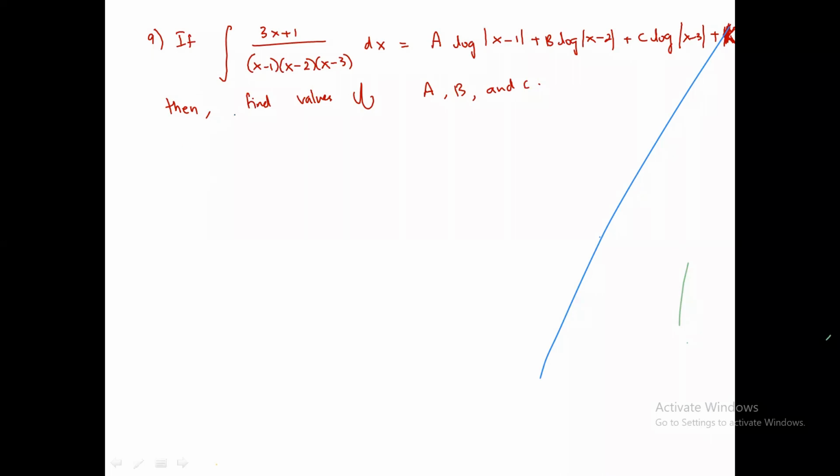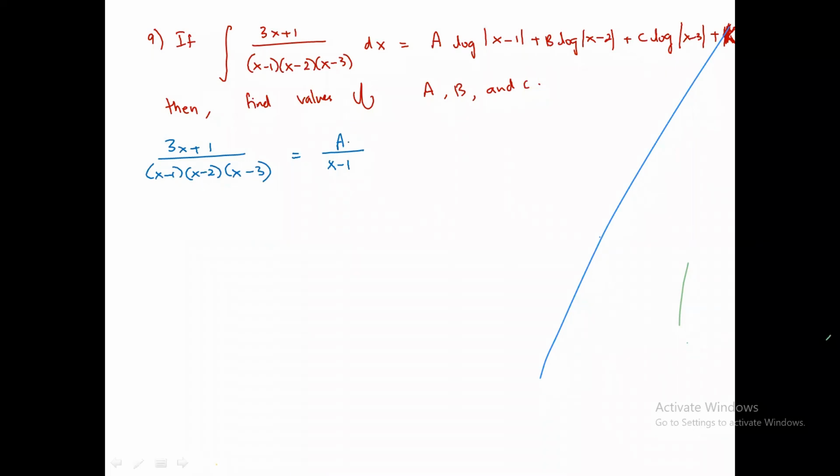So now we will find the integral by ourselves. Of course, on seeing the question, 3x plus 1 by (x minus 1) into (x minus 2) into (x minus 3), we know that we have to use partial fractions. First denominator will be x minus 1, numerator I don't know.